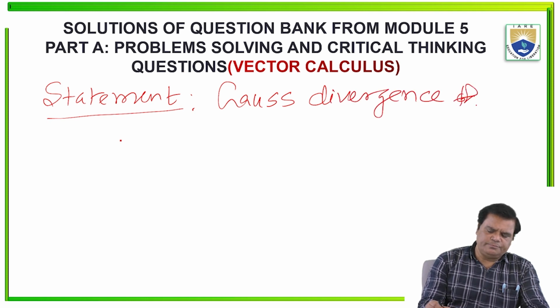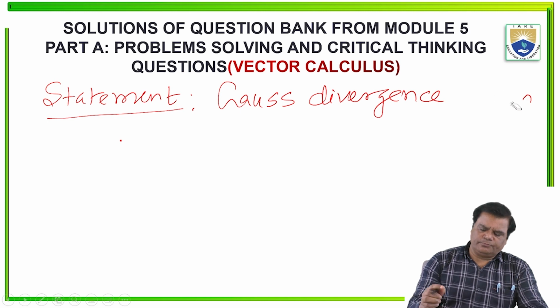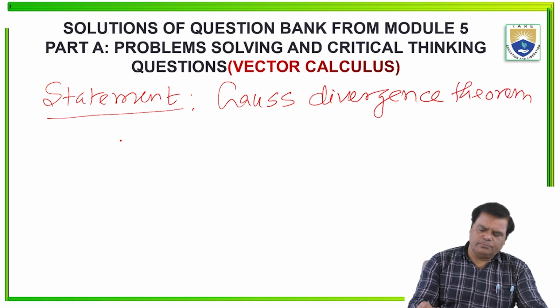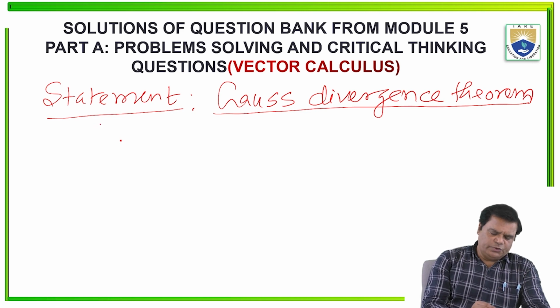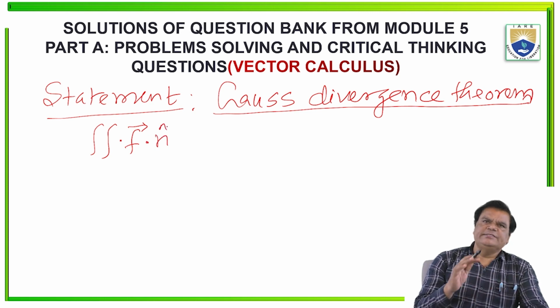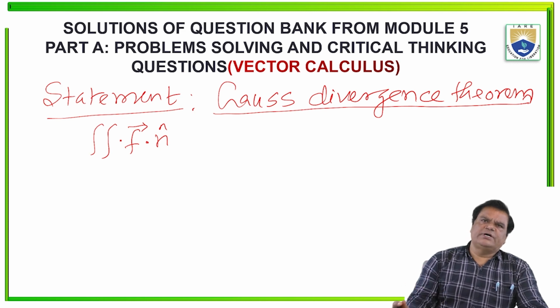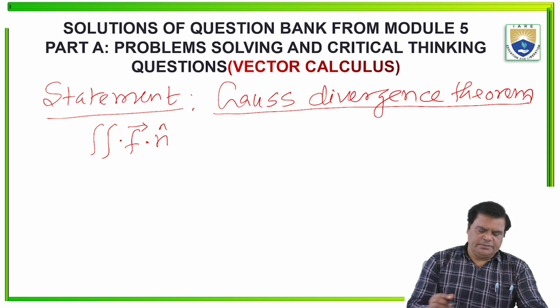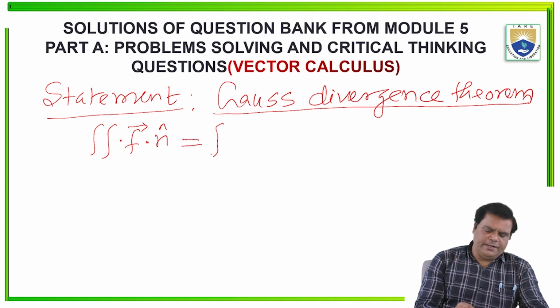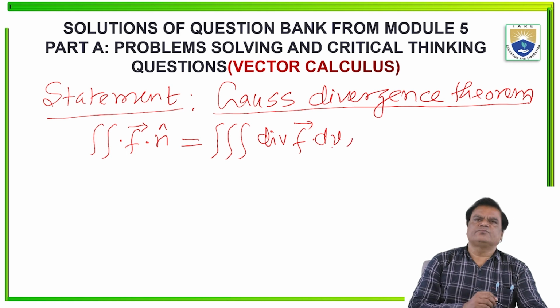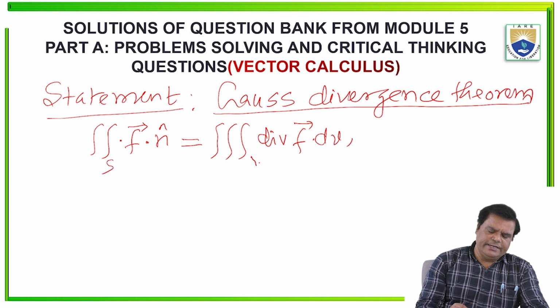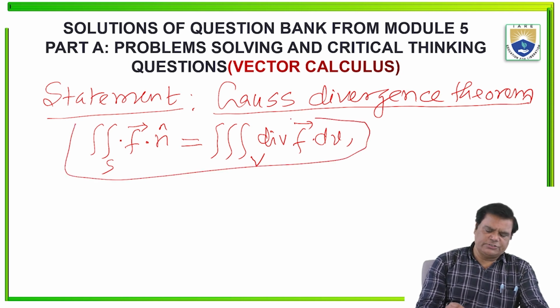The double integral of F dot n over the surface S, where n is the unit normal vector perpendicular to the surface, pointing outward, equals the triple integral of divergence F dV over the volume V. This is known as the Gauss divergence theorem.